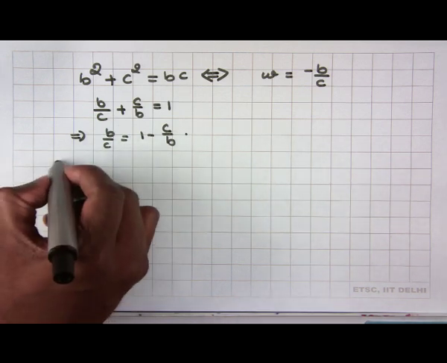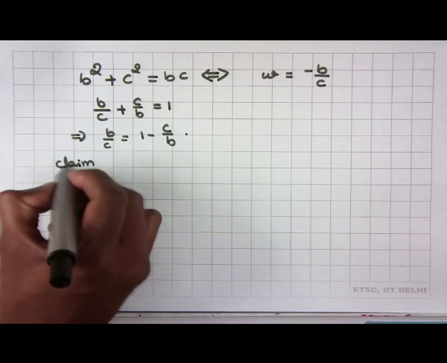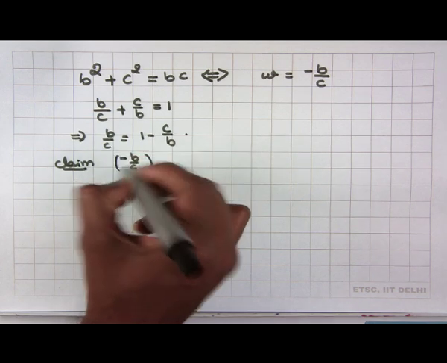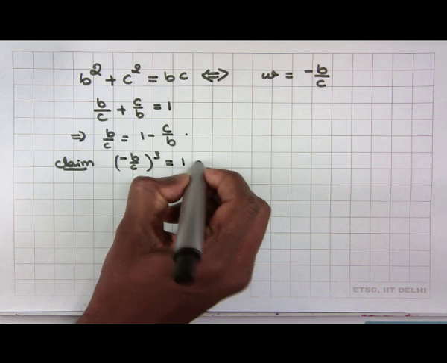So our claim is that minus B by C cubed is 1.